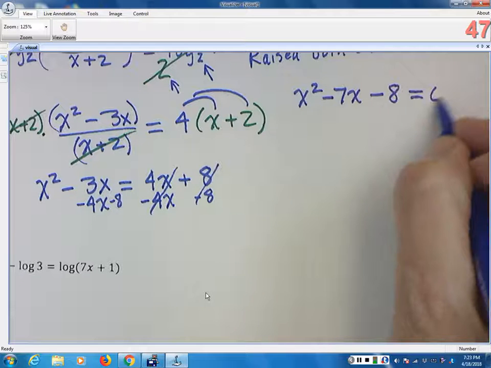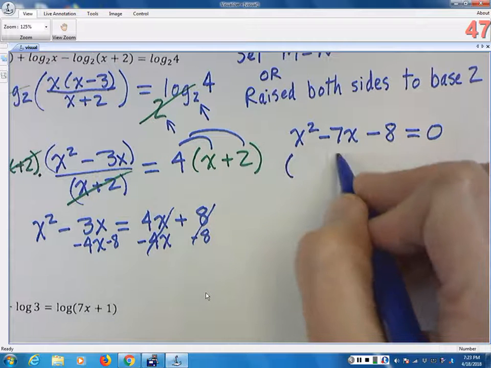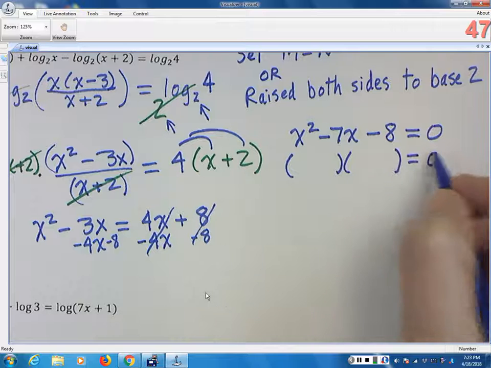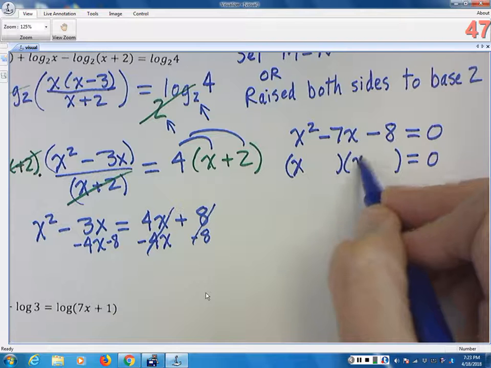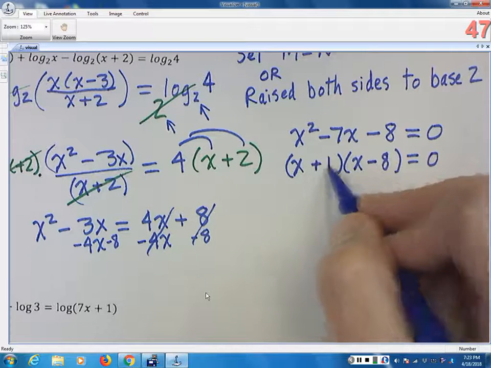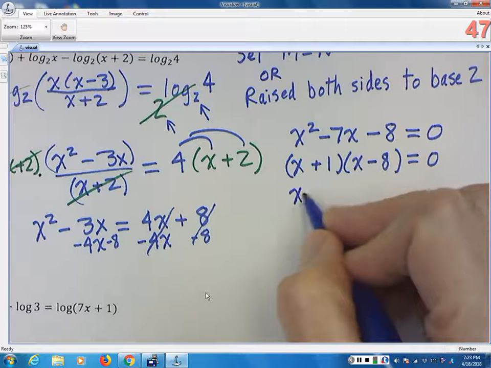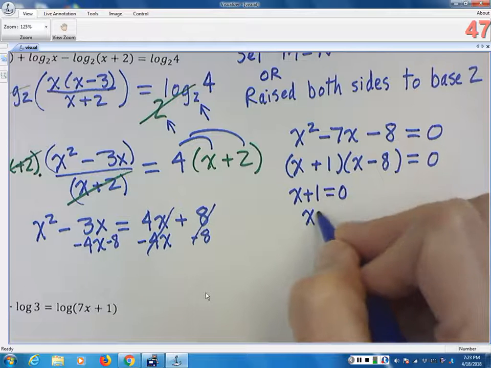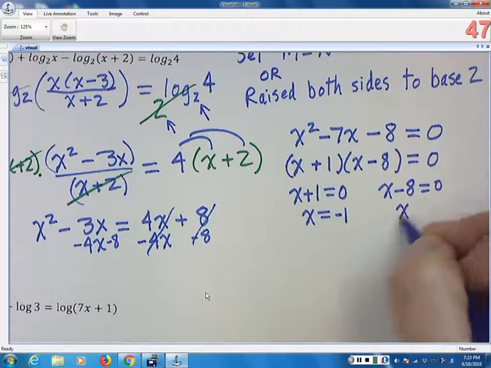Then we're going to factor. So the factors of negative 8 that add up to negative 7, of course we'll have an x and an x, are minus 8 and positive 1. That adds up to negative 7. So you set x plus 1 equal to 0, so x could be negative 1, or x minus 8 equals 0, x could be 8.